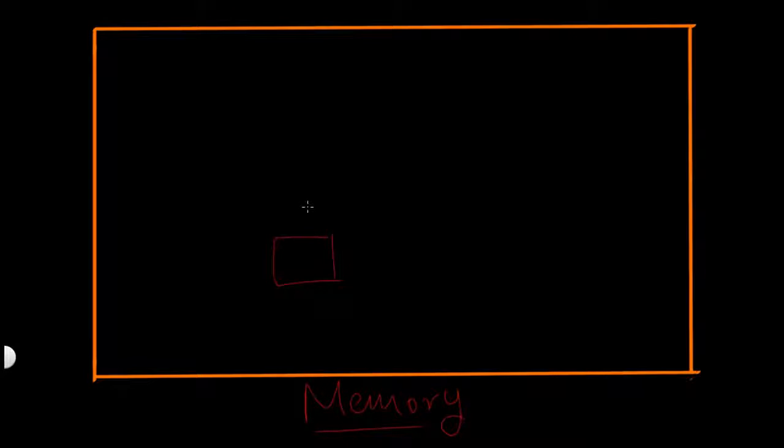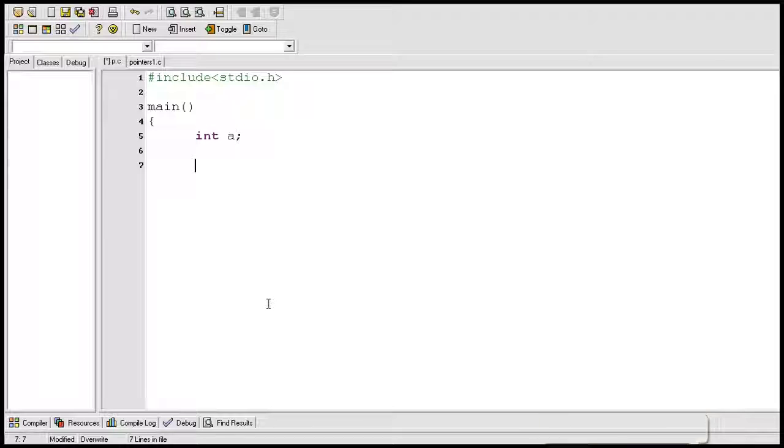Let's say this is my computer's memory, and this memory location is allocated to the variable a. Every memory location has an address, so this memory location which is allocated to the variable a will also have an address. I can go ahead and find out the address of the memory location that is allocated to the variable a.